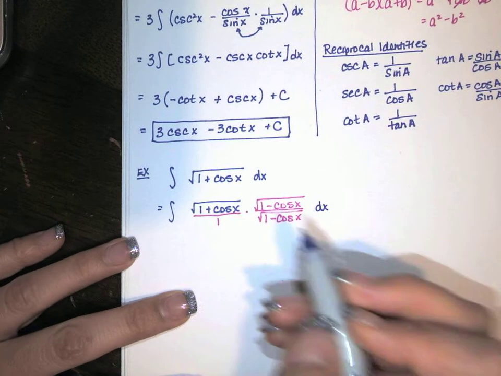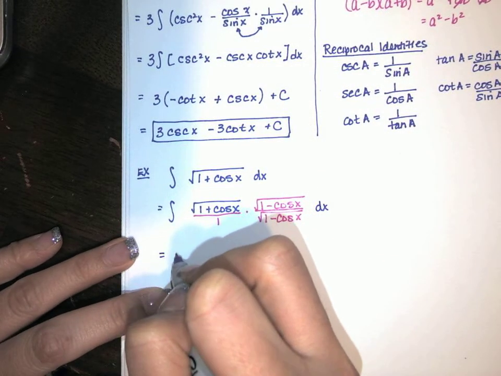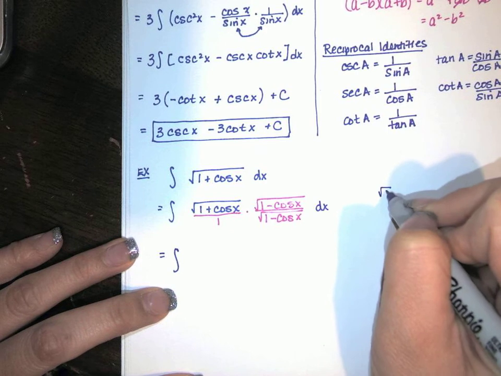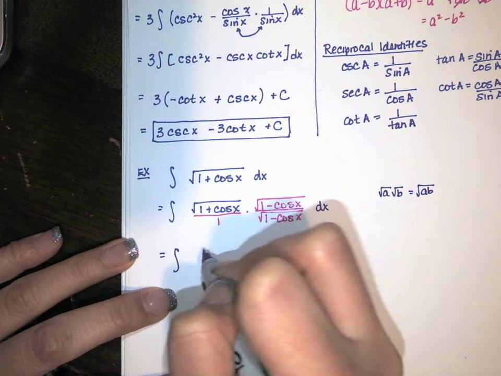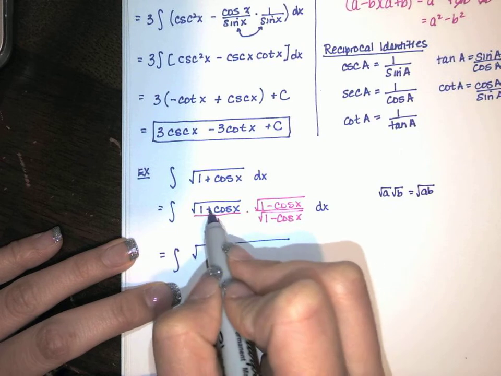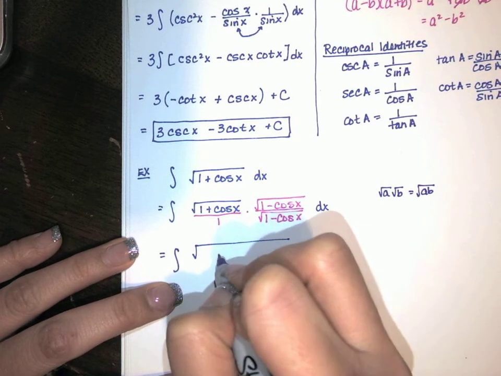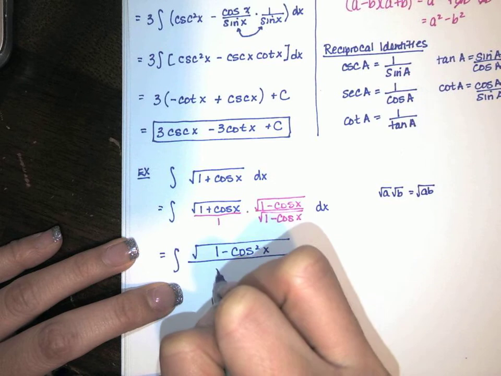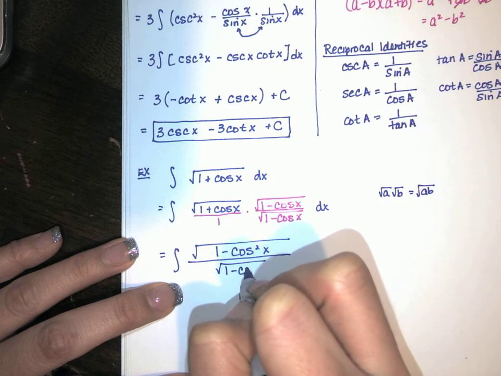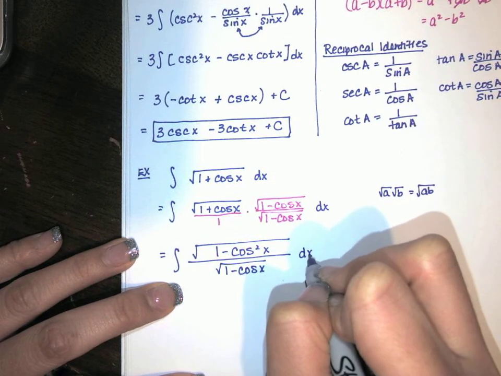So we do that, multiply straight across. Square root of a times the square root of b is the square root of a times b. So I'm just putting it all under one radical. 1 plus cosine times 1 minus cosine is 1 minus cosine squared, all divided by the square root of 1 minus cosine.